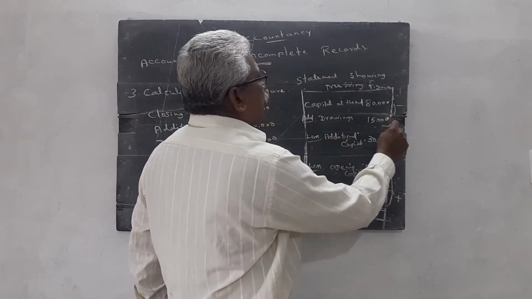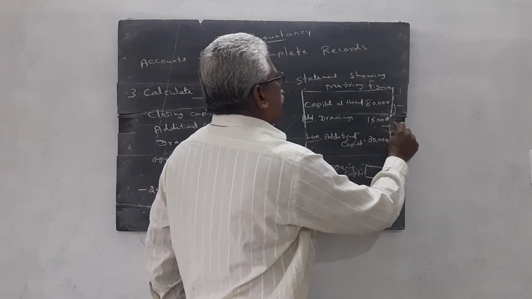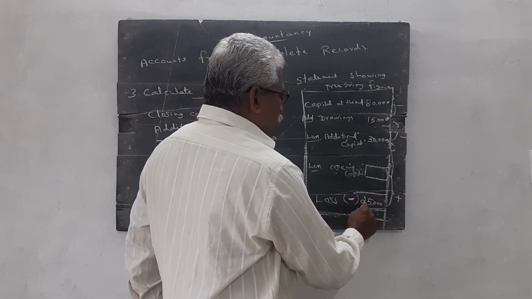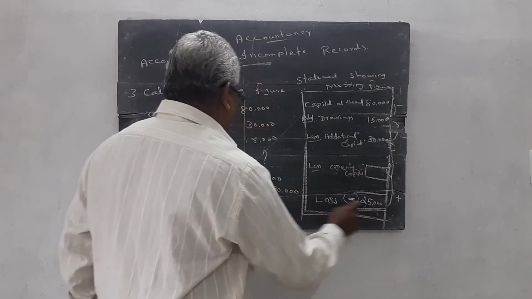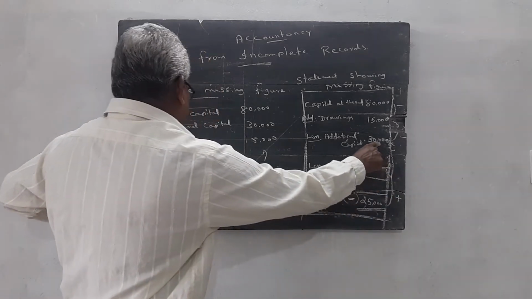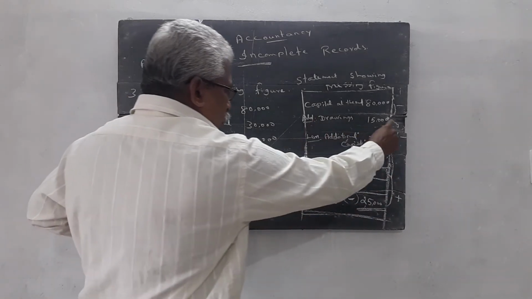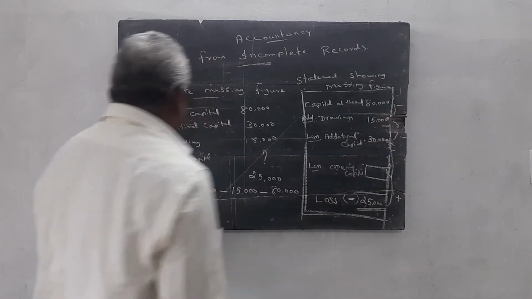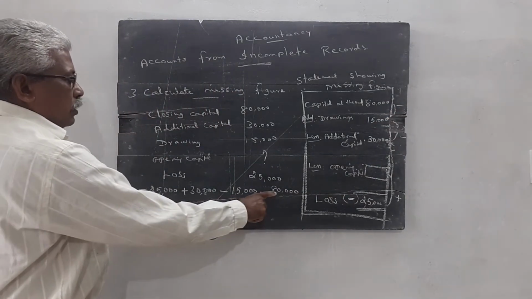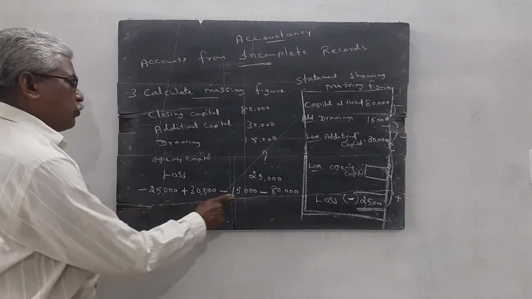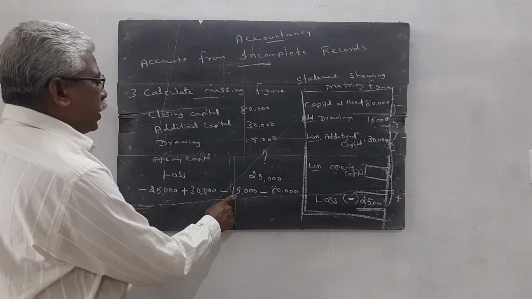Here add is given, we have to subtract, minus. This is the procedure. Minus 25,000 is a loss, so you write minus 25,000 plus 30,000. Here add is given, so you have to minus 15,000 minus 80,000. We have to total all the minus items first. 25,000 plus 15,000 is equal to 40,000.